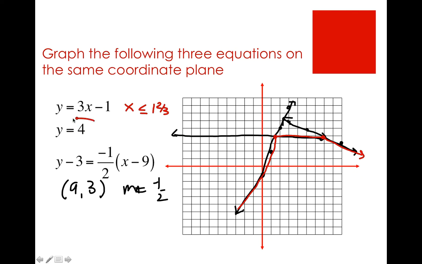I'm using this piece right here, and it's dependent on the x values. So for the x values from 1 2/3 all the way up to 7. And this last piece I'm using in the function when the x values are greater than or equal to 7.